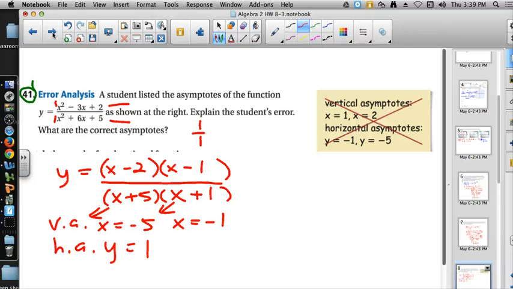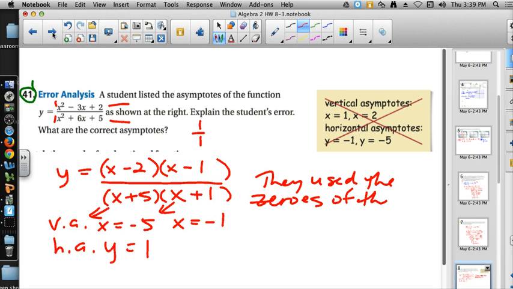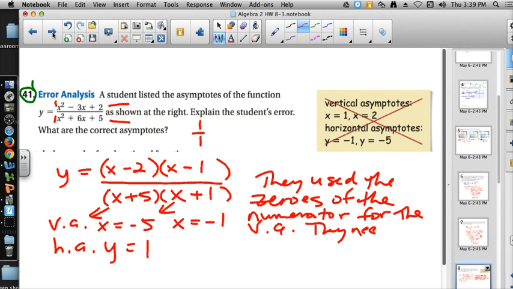So what was their error? They used the zeros of the numerator for the vertical asymptotes. They need to use the zeros of the denominator.